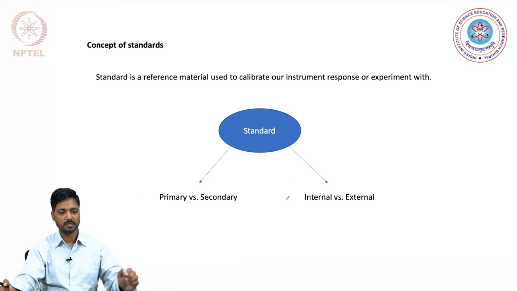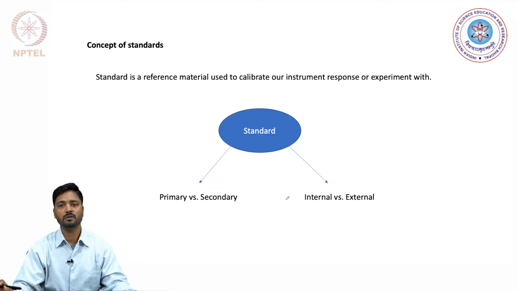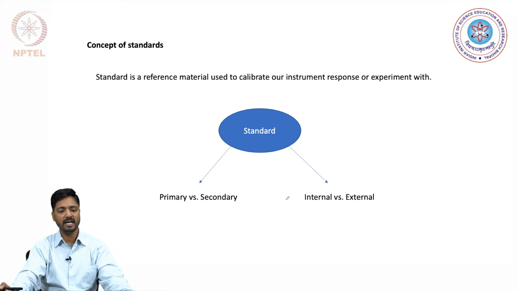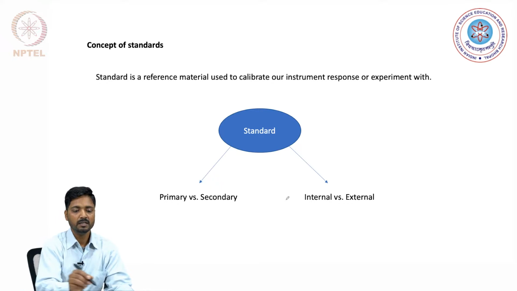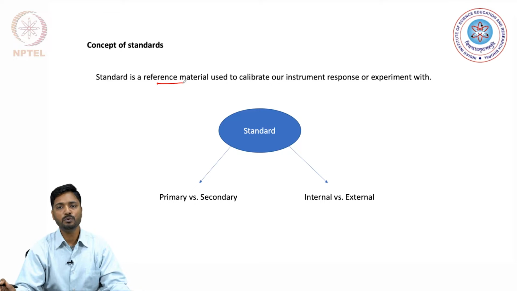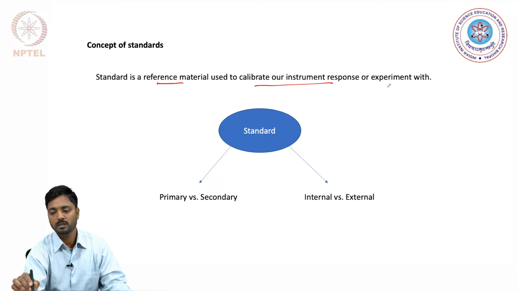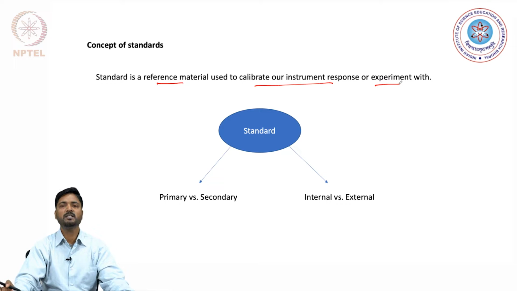So let us get ahead with the concept of standards. A standard is any reference material that is used to calibrate our instrument response or the experiment with. So it is some sort of a standard reference material that we use.